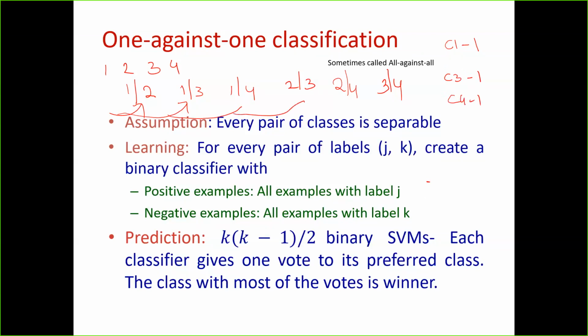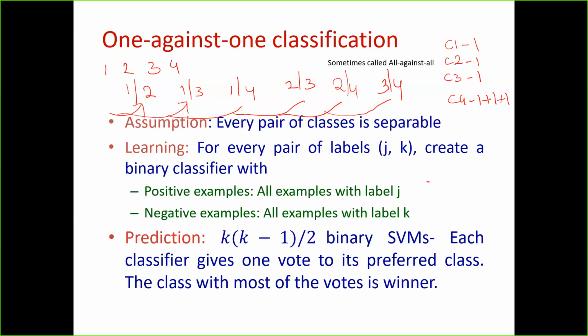Let's say it is classifying it as 2. So class 2 has got 1 vote now. I give it to this classifier. Let's say it is classifying it as 4. Class 4 has got 1 more vote. I give it to this classifier. Let's say it is classifying it as 4 again. So I've got another vote. So this is 3 votes for class 4, and 1 vote each for class 1, class 2, class 3. So which label should be assigned?